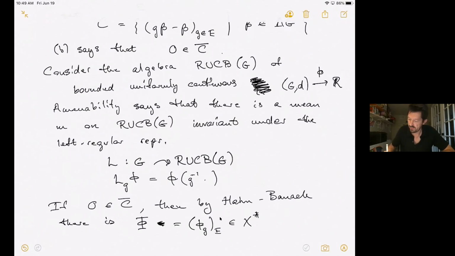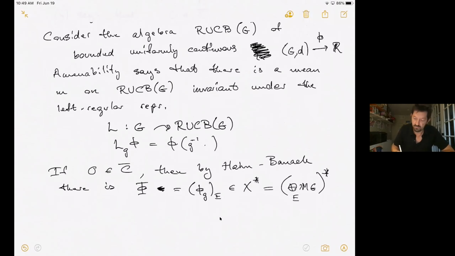So we call X here the direct sum of E copies of M of G. And this functional separates 0 from C, with the infimum over x in C of phi of x being strictly positive.